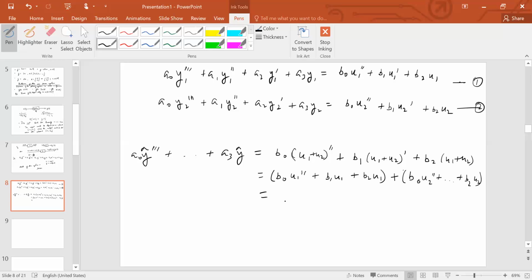Okay, and this is nothing but A0 Y1 triple dash plus dot dot dot plus A3 Y1 plus A0 Y2 triple dash plus dot dot dot plus A3 Y2.